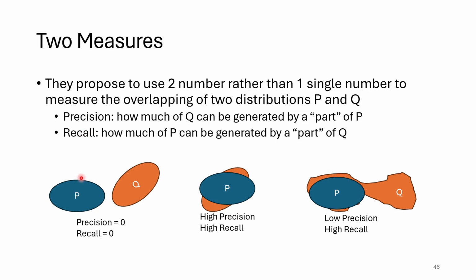As a result, if the two distributions do not overlap, then the precision and the recall are both very low. If they are highly overlapped, then the precision and recall are high. If one is covered by another, then you will have a low precision but a high recall.